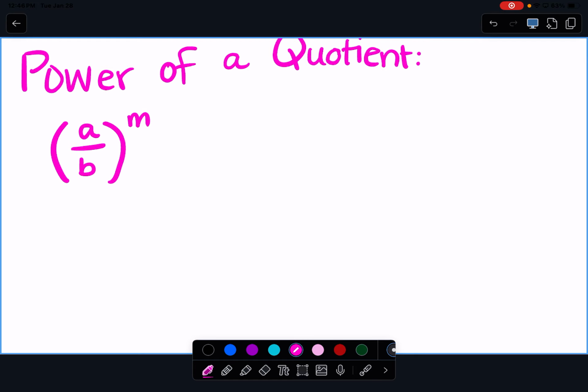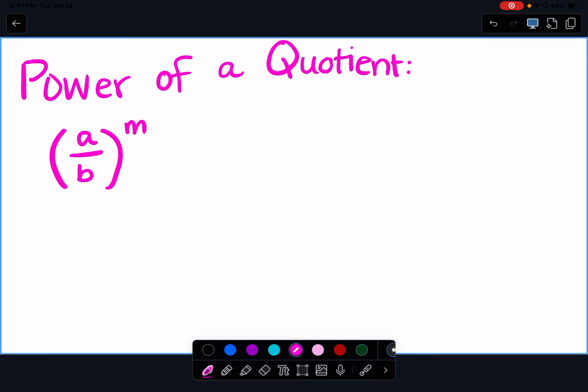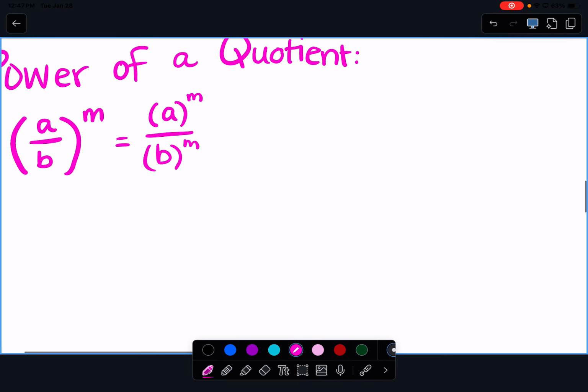And when we have a fraction that's being raised to a power, what we do is we raise the numerator and the denominator to that power. So it's like saying a to the m over b to the m. Then we're going to do an example.